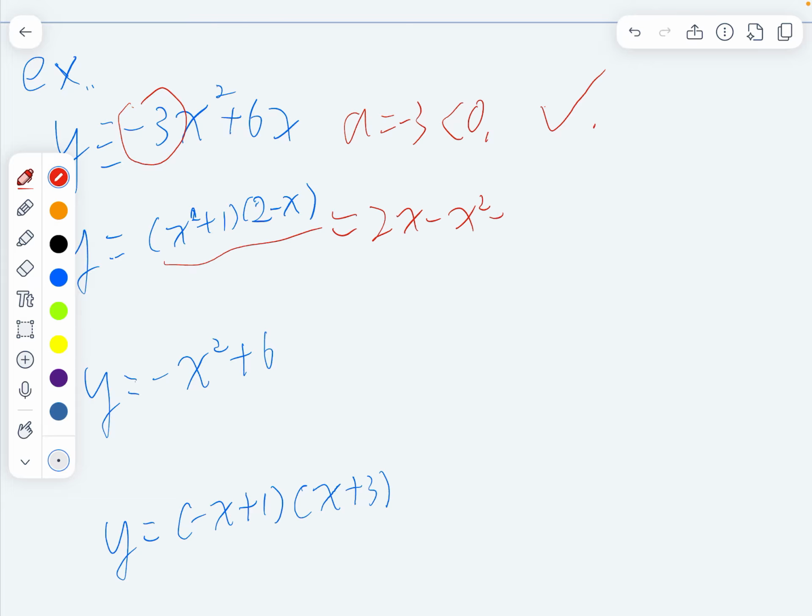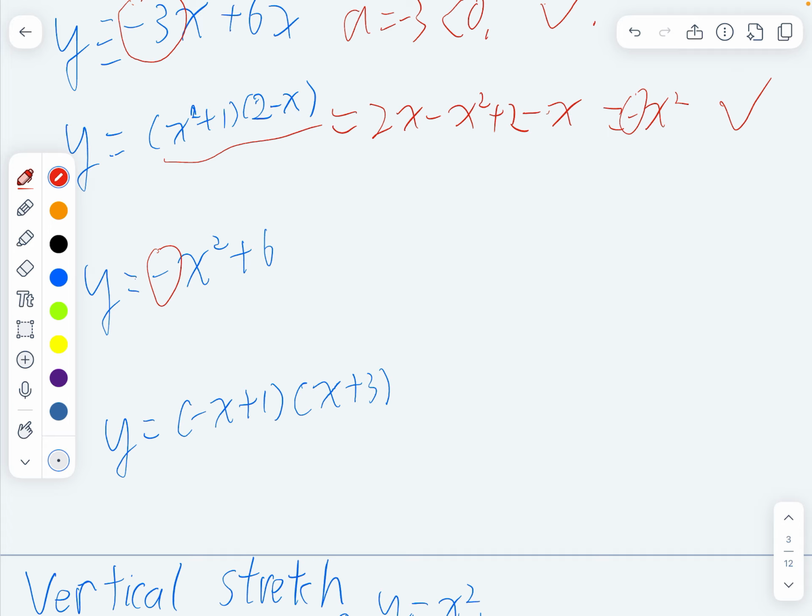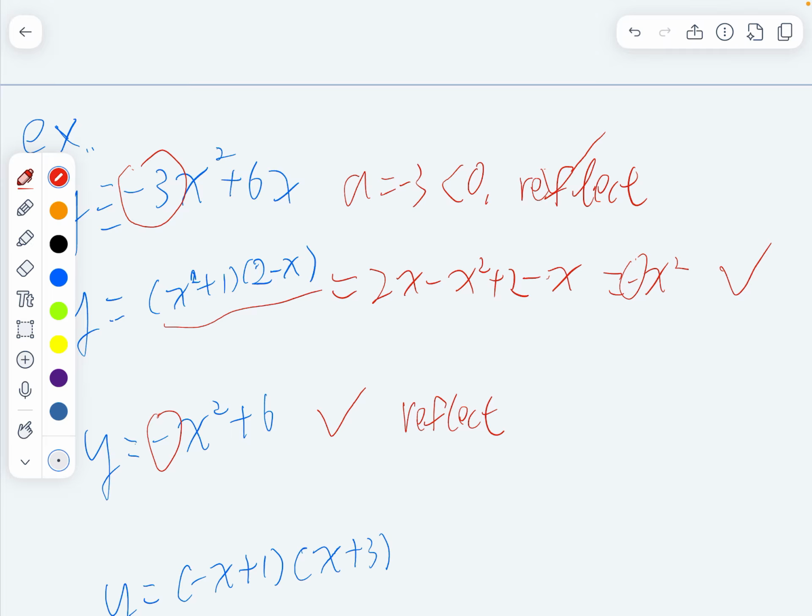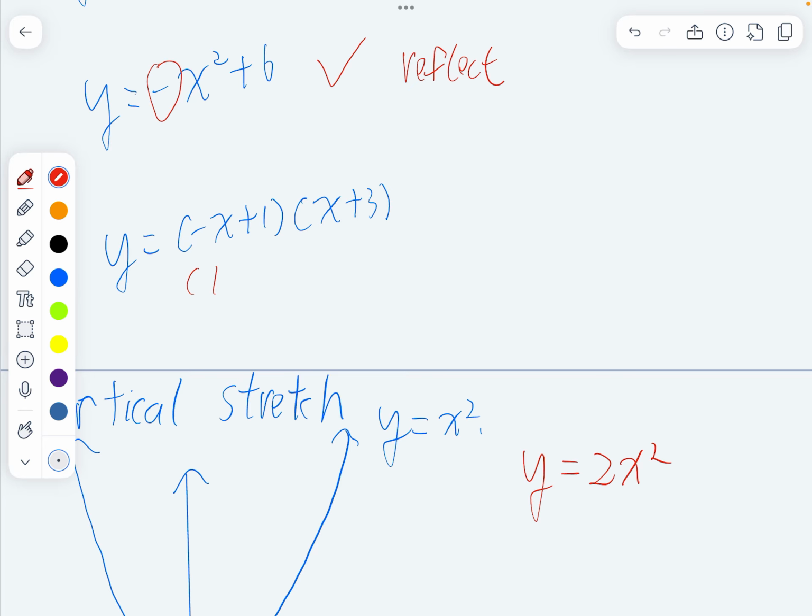The third one is already written with a negative x squared, so it's reflected in the x-axis. The final one, we need to write this in a form to make sure about the negative at the beginning, x plus 3. There is negative x squared, so we can know that it is also a reflection.